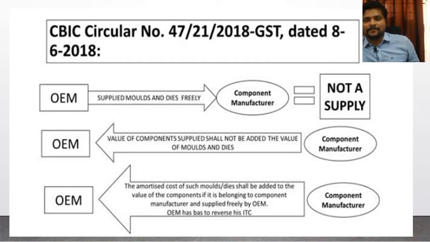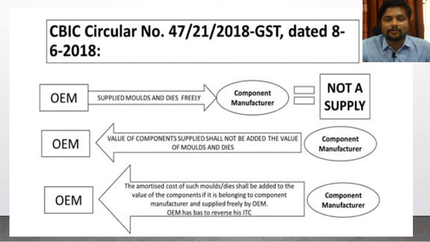Second clarification: the component manufacturer uses those molds and dies to produce certain goods, and those goods are again supplied back to the OEM. The charges or the value for the goods is charged by the component manufacturer to the OEM. Whether that price should include the cost of the molds and dies supplied free of cost by the OEM or not, that is the second question.